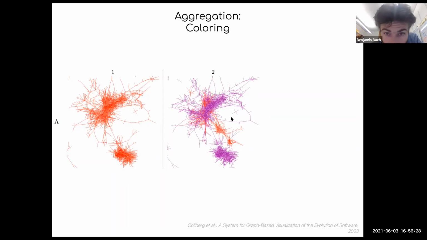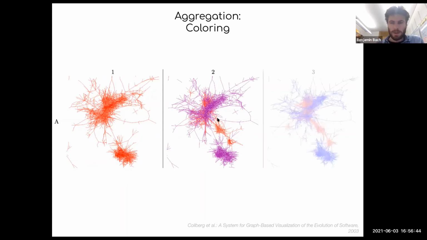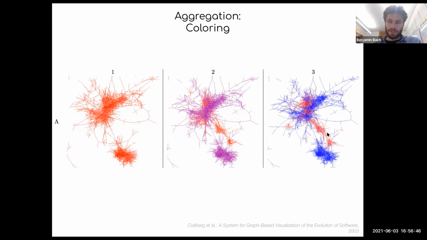No, sorry, the purple ones are the ones from here. We see those are the same ones. And then my new edges that appear in step 2, week 2 or year 2 or whatever, I call them red again. So let's say they're hot and then they cool down. And then we can just continue doing this.